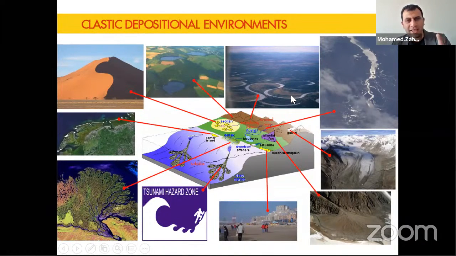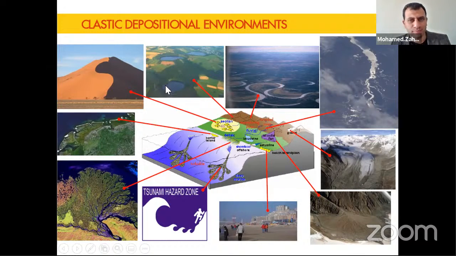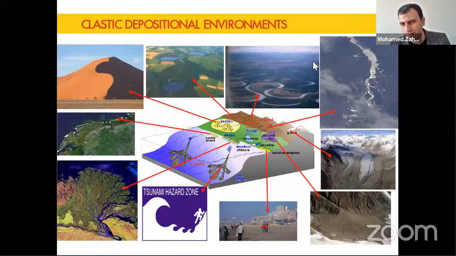So your first job as a geologist or reservoir engineer is to know where the reservoir is. For example, in this picture, this is a reservoir. If you drill here, or here, or here, you are not going to find the reservoir sand, or you will not find hydrocarbon.